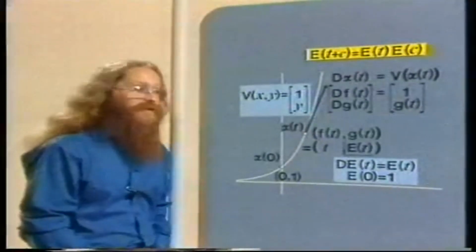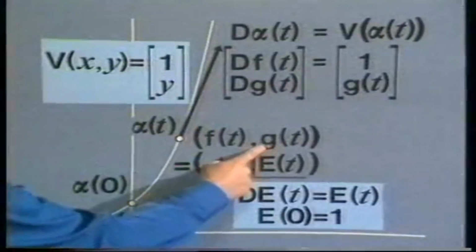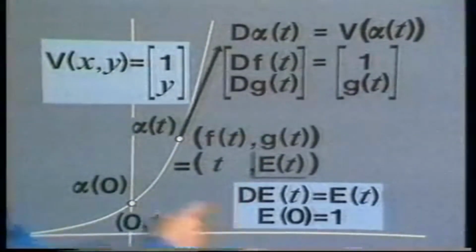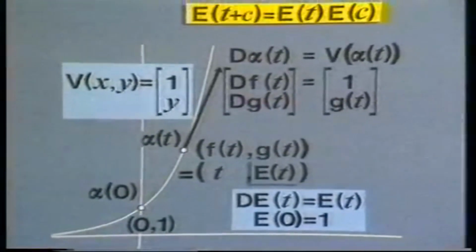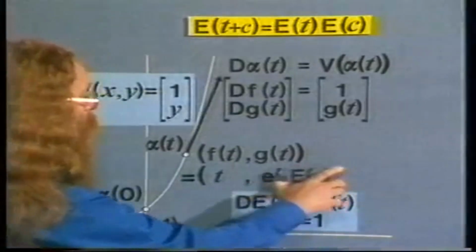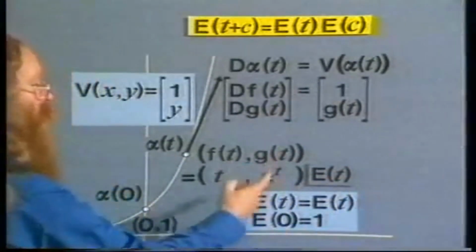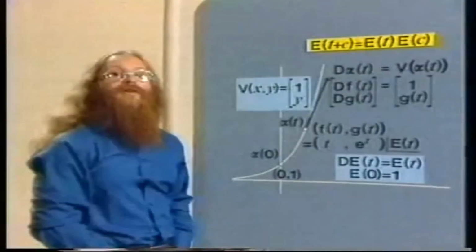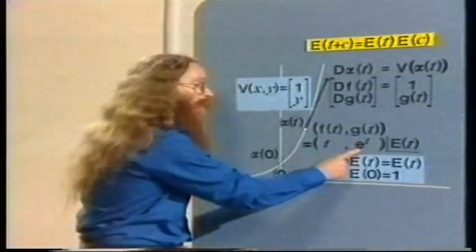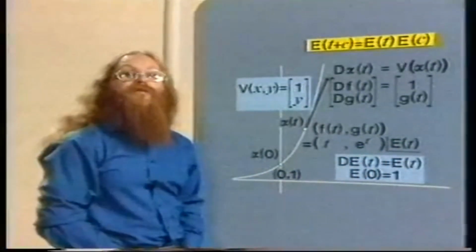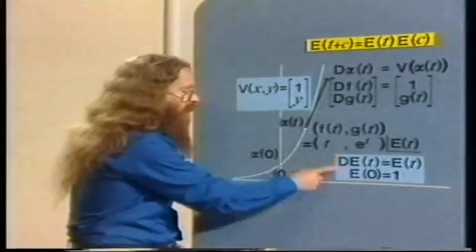In our particular case, the second coordinate gave us the unique function capital E satisfying these conditions, from which we were able to deduce the law of indices and eventually show that capital E of t was just equal to e to the power t. So what we've eventually done is we've defined e to the power t properly in terms of capital E, where capital E is the unique function satisfying these conditions.